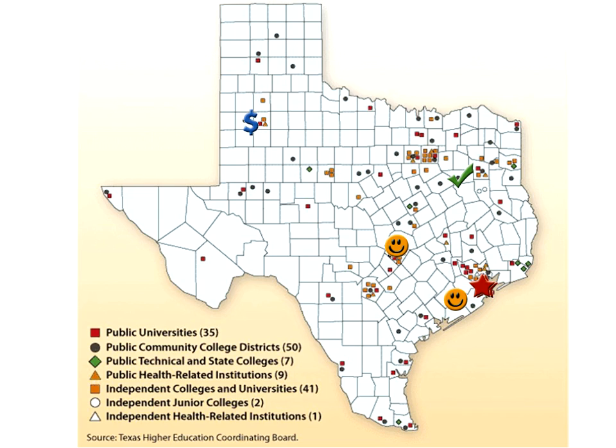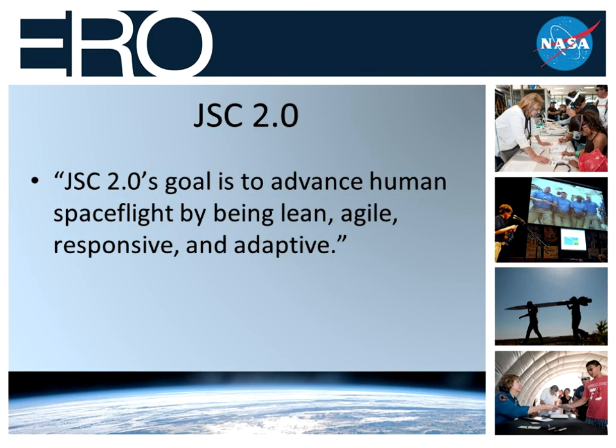And that can be a result of making our human spaceflight programs more agile, responsive, and adaptive, as you see from the slide. And obviously, we're doing that because we're getting ready to launch a new capsule on EFT-1 on December the 4th, and we just made an announcement for NASA commercial crew-funded spaceflight programs.